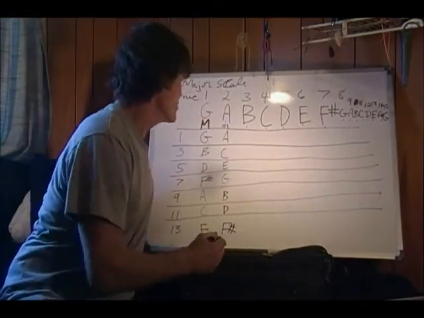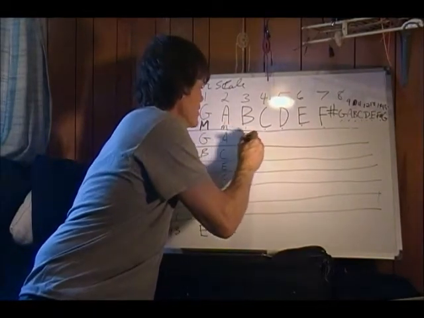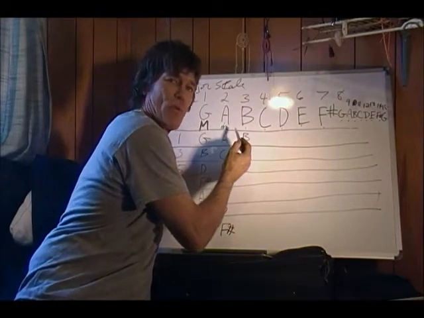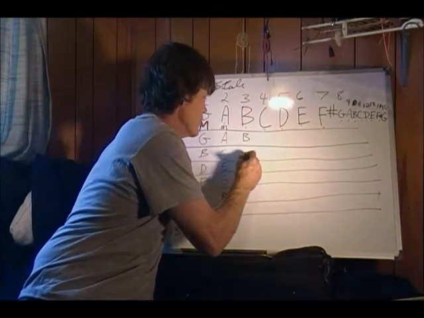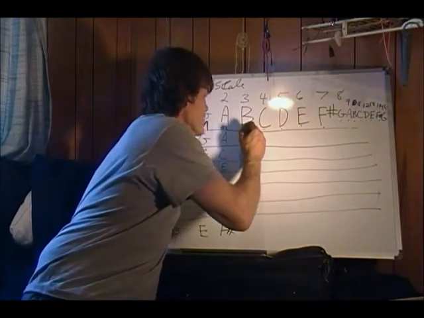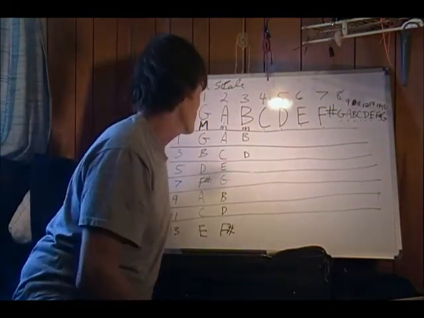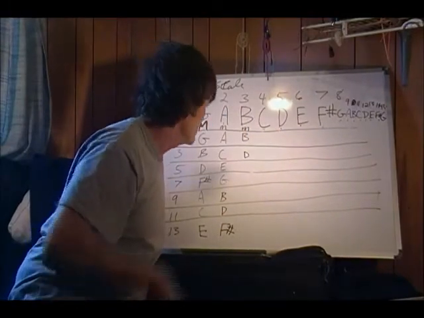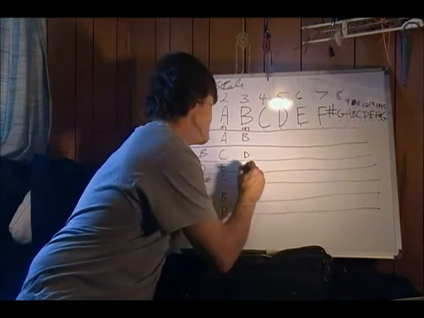So if we just continue, the root will be B. If we look at the distance from B to D, we also see that it's a minor, a whole step and a half, which makes this a B minor. A, B, C, D, E, F sharp.